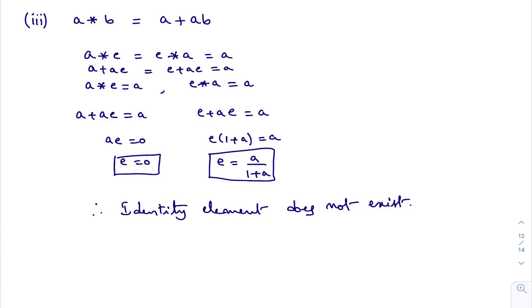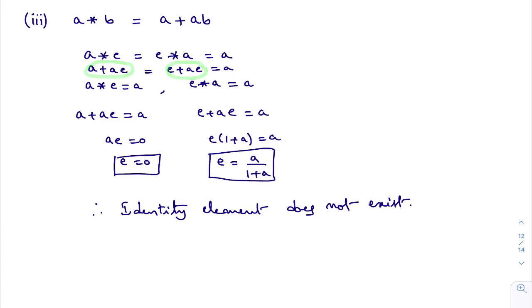Listen please, do not confuse. A star E is A plus AE, as A star B is defined as A plus AB. E star A is E plus EA. EA is the same as AE, that's why E plus AE equal to A. Now, do you know that A plus AE and E plus AE are both the same? I do not know.